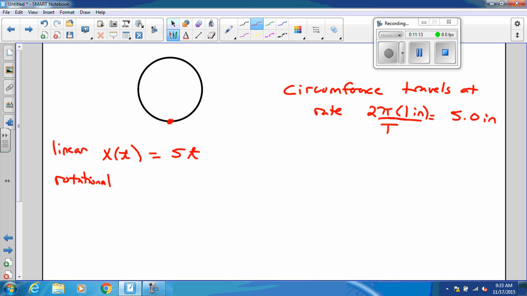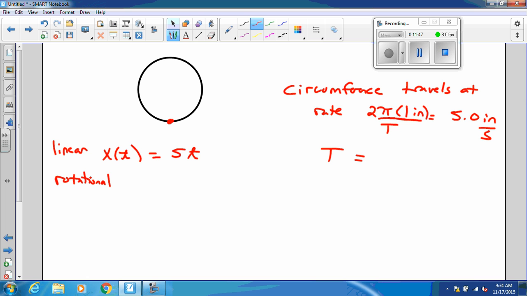Go ahead and find that amount of time. This is 5 inches per second.